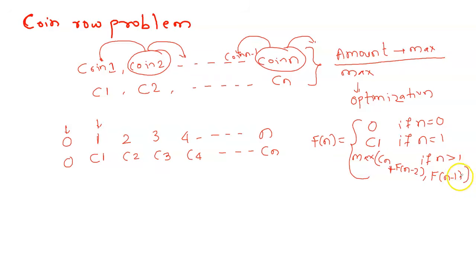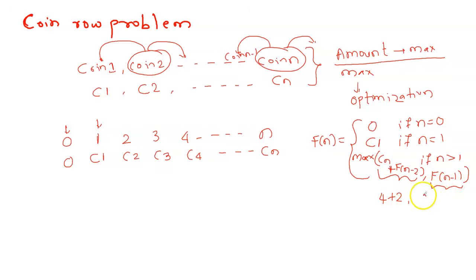So there are two terms here: one is Cn plus f of n minus 2, and the other is f of n minus 1. Out of these terms, whichever is maximum, we consider it as the answer. Suppose Cn is 4 and f of n minus 2 is 2.